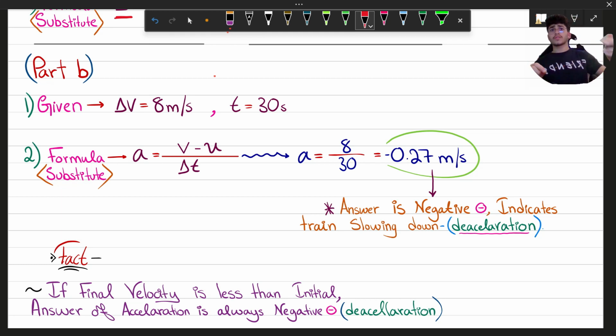So just substitute the values and find acceleration. 8 divided by 30 is 0.27 meter per second squared. Since the answer is negative, this indicates the train is slowing down and it's deceleration. And a quick note to keep in mind, whenever the change in velocity is negative, the acceleration is always going to be deceleration.